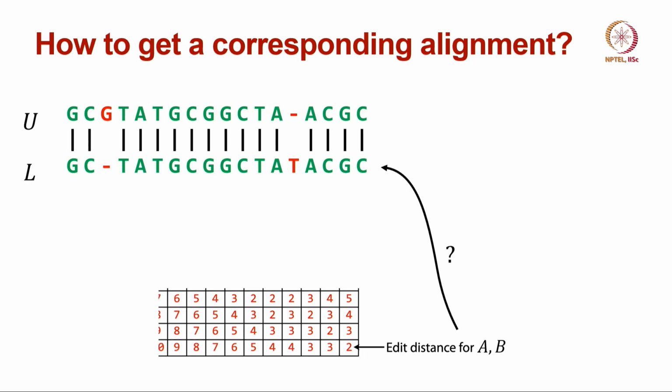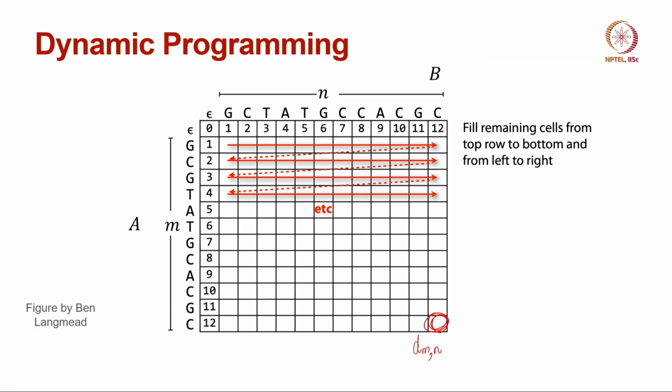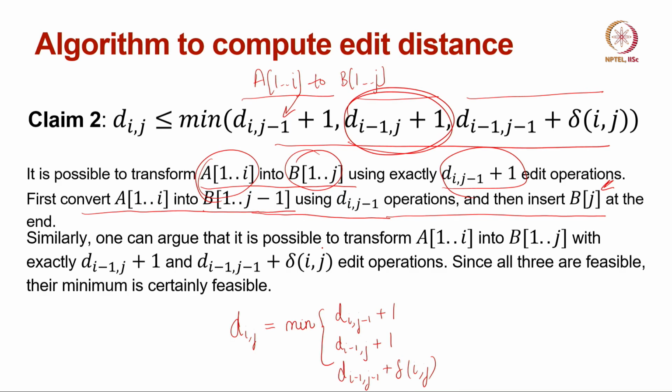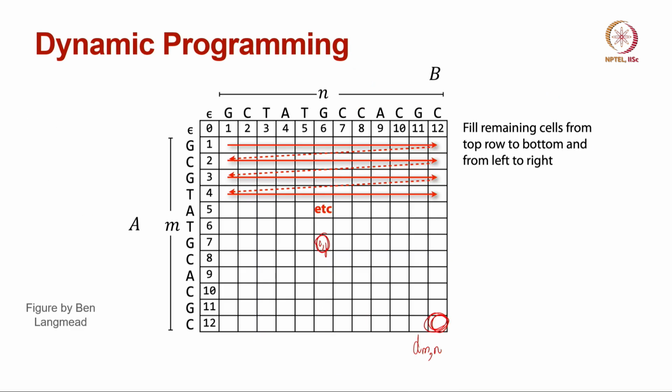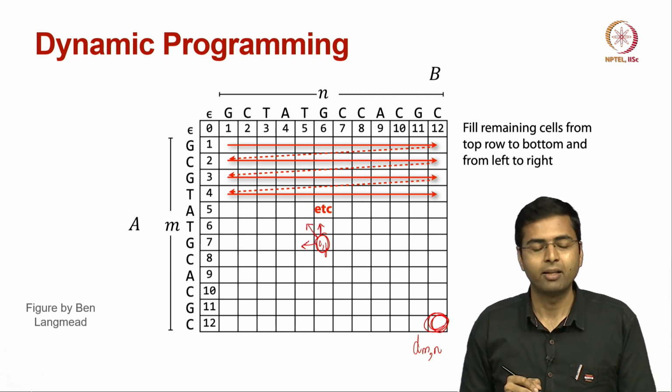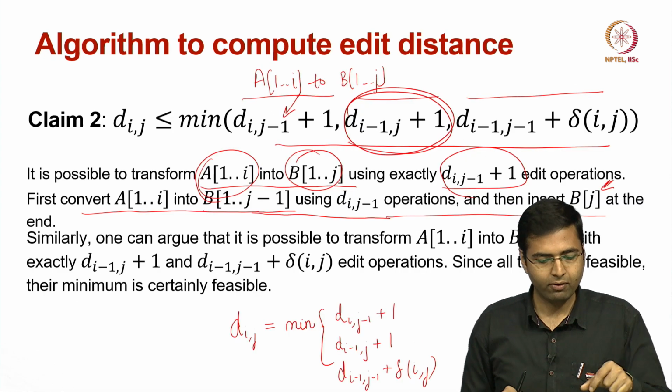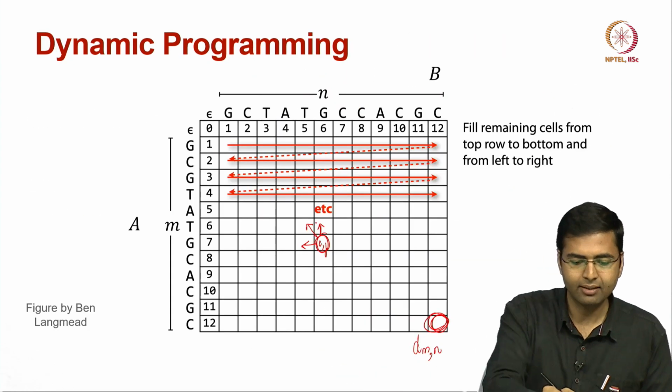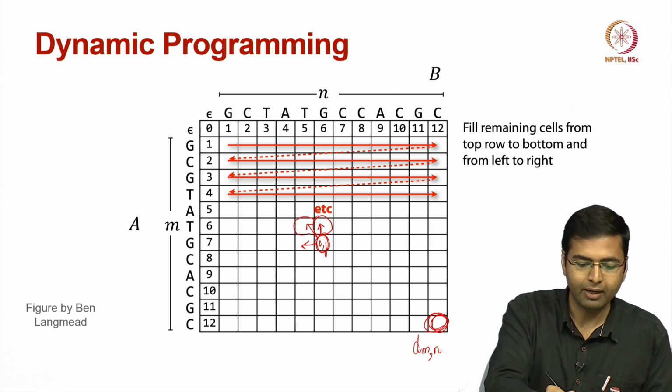Suppose this is my cell i,j. Based on this recursion, i,j will depend on 3 neighboring cells: the upper cell, the upper left diagonal and the left cell.